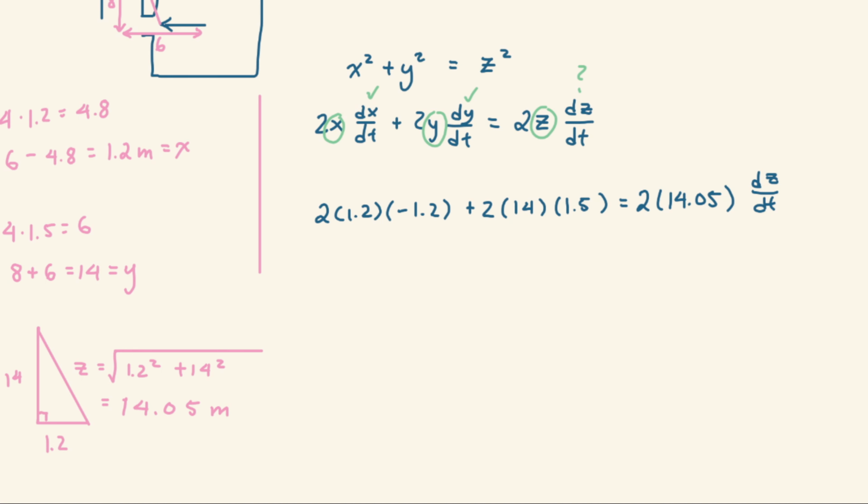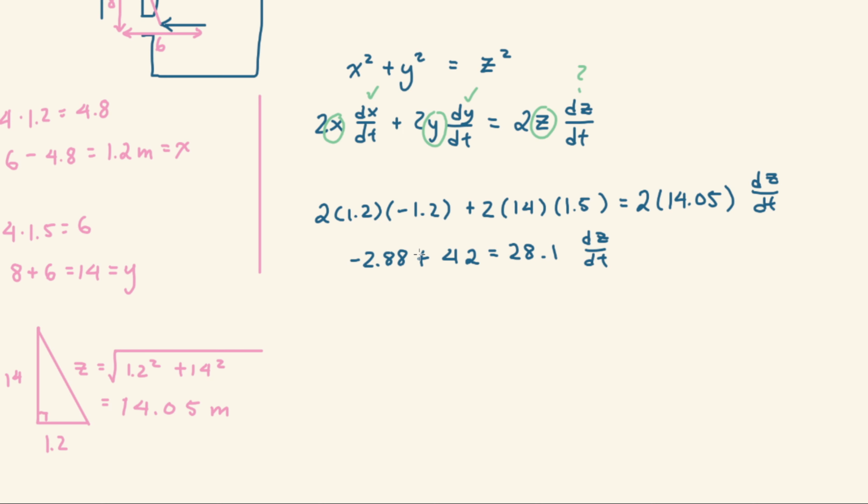Now let's simplify this left side a little bit. 2 times 1.2 times negative 1.2 is going to be negative 2.88. Plus, here we've got 2 times 14, so that's 28, times 1.5, that's going to be 42. And here we're going to have 28.1 dz over dt.